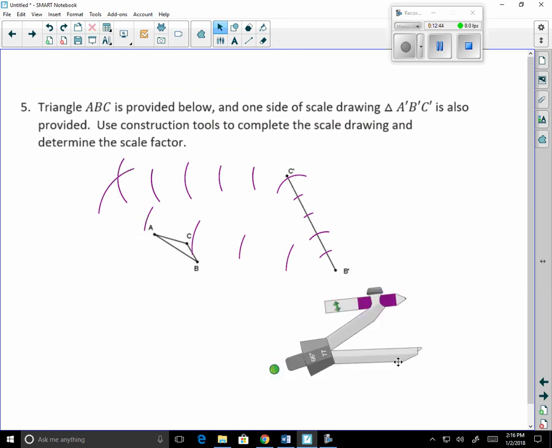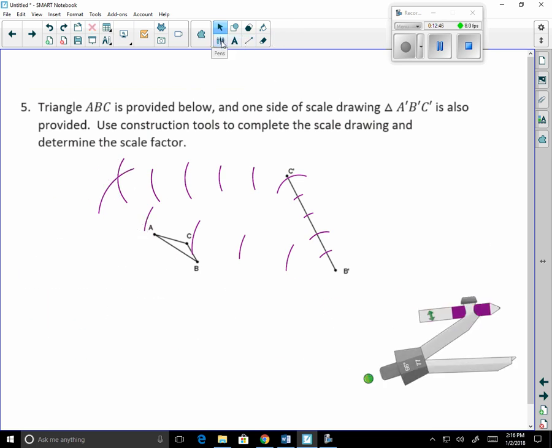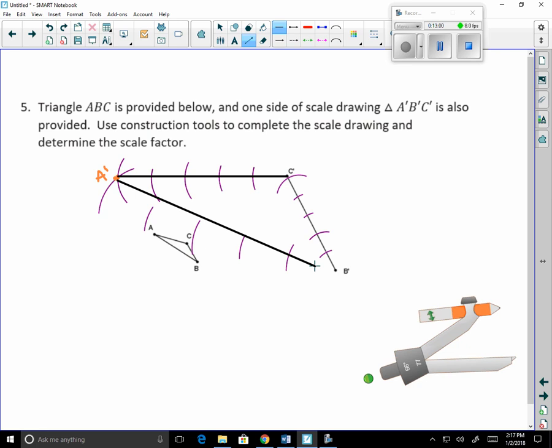Where those last two intersect winds up being the point that we're looking for, A prime. If I then use my straight edge, I can connect C prime to A prime. And then back to B prime.